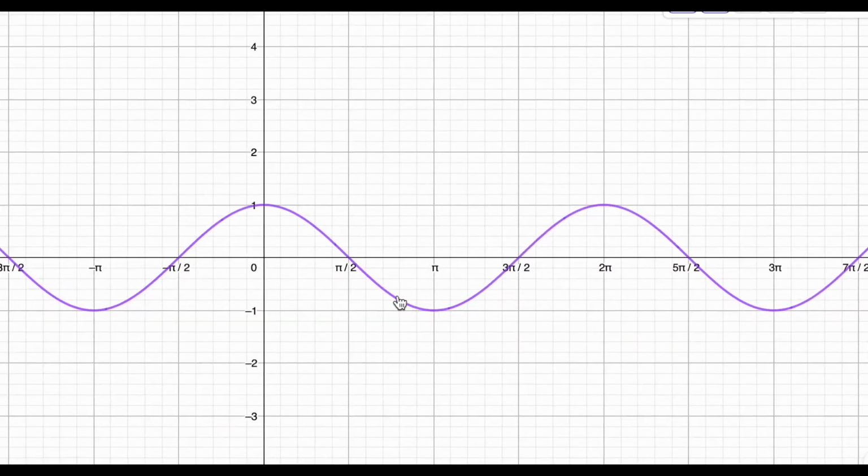Cosine is periodic, so we have to restrict it. Now, where we restrict it this time, we need to start at 0 and go to pi. We can't use the other direction because you can see that in the negative direction it's not going to be 1 to 1. So if I restrict it to that region, then I can have an inverse.